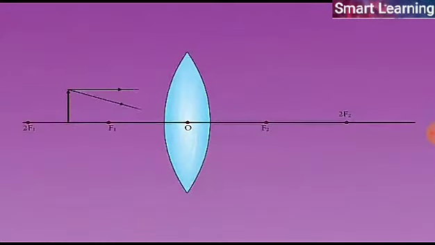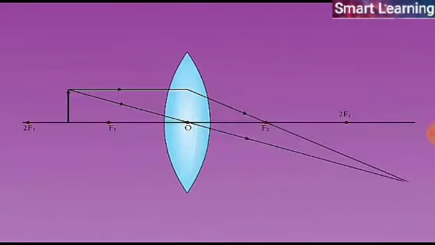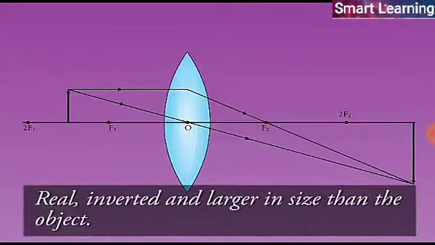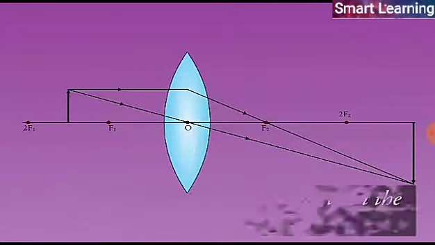Similarly, when the object is held between f1 and 2f1, the image is formed beyond 2f2 on the other side of the convex lens, real, inverted, and larger in size than the object.